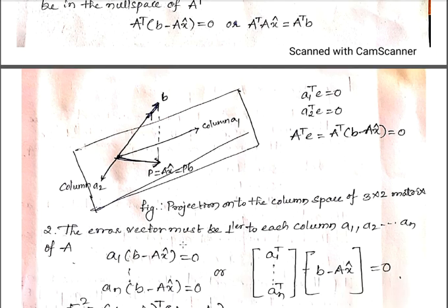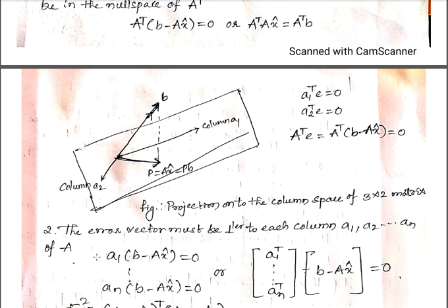Next, the error vector must be perpendicular to each column, A1, A2, etc. How many are in A? Let's say we have A1, A2, A3, up to n vectors, so the A's go from A1 to An. So A1 transpose times B minus AX cap is equal to 0. Similarly A2, A3 multiplied by this is equal to 0, and the last, An times B minus AX cap, is equal to 0.